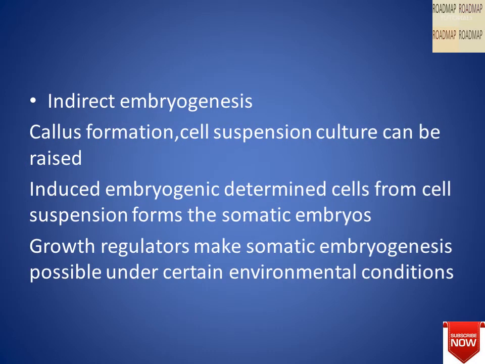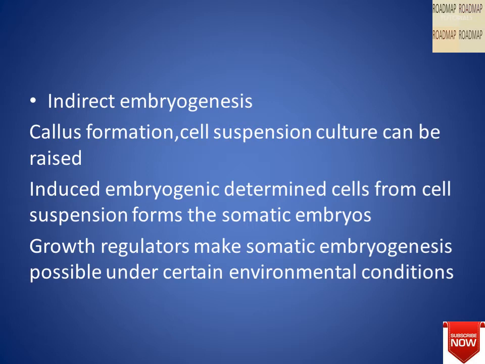Now coming to the indirect somatic embryogenesis. Indirect somatic embryogenesis, as I said, is where the explant undergoes callus formation, from which the cell suspension culture can be raised. And there are certain cells, that is the induced embryonic determined cells, or IEDC, from the cell suspension, that can form the somatic embryo.